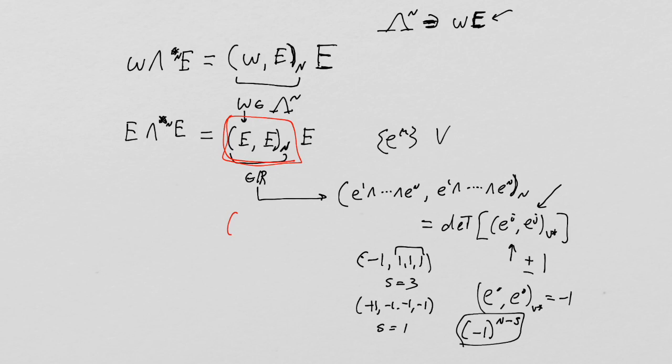It is going to equal minus 1 to the n minus s, where s is the signature of our inner product, which is not all. Now, if we're using normal Euclidean space, of course, the signature is going to be 4, if it's 4-dimensional Euclidean space.